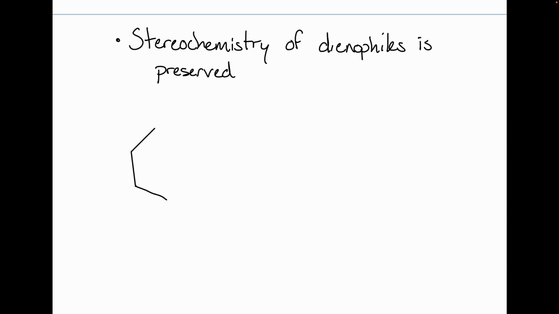All right, so what do we mean by that? Well, we were talking about alkenes as our dienophiles. So what if we started out with an alkene that had a specific stereochemistry?